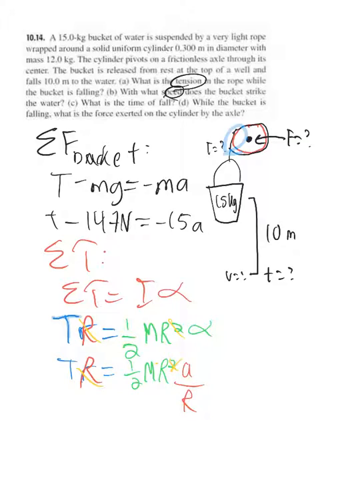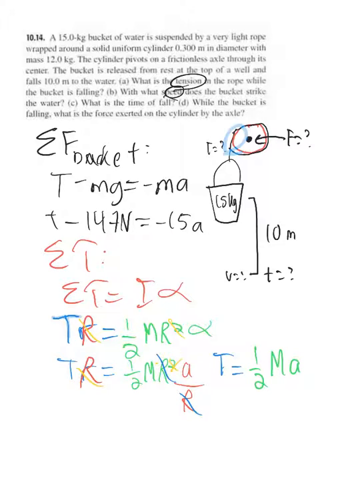Okay. And this other one is going to divide out from both sides. So we're going to end up with T equals 1/2 ma. Okay. Well, that actually works out pretty cool.